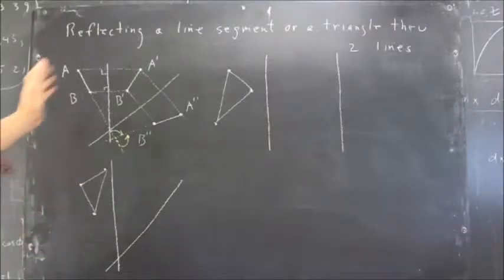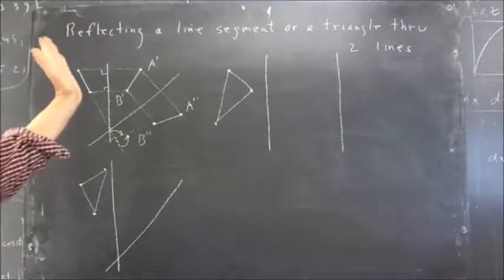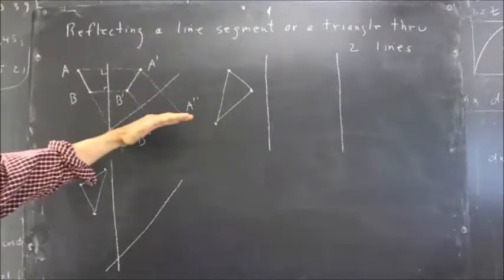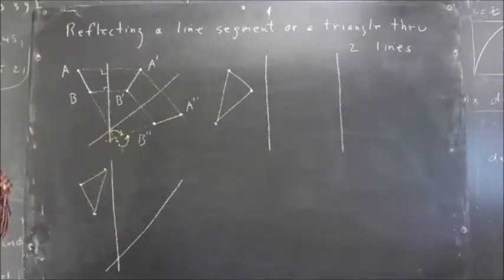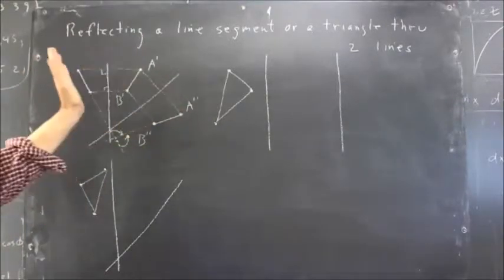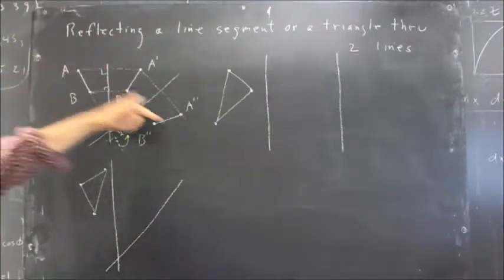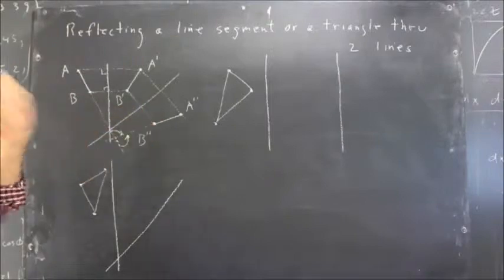Okay, so what's happened is the segment AB still has the same length when you reflect it once and then reflect it again, but here it's rotated. The segment AB has been rotated, and it's also been moved from here to here through some distance.